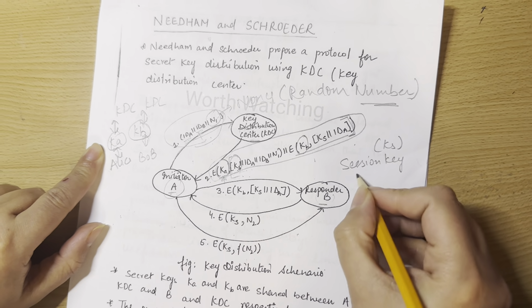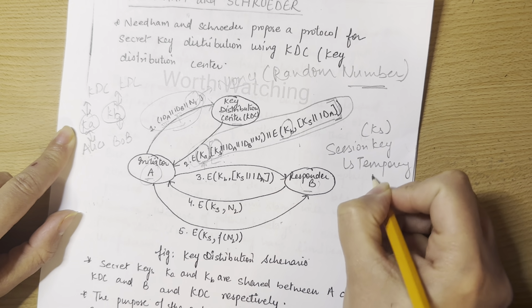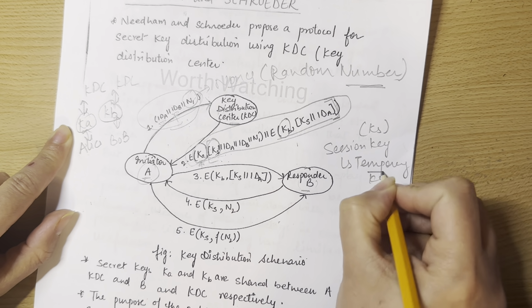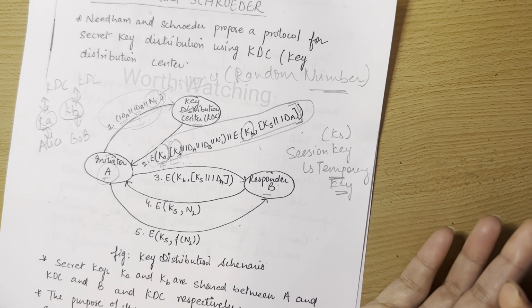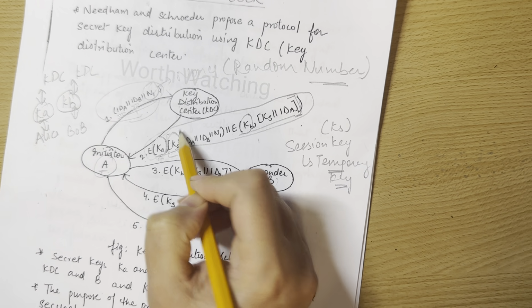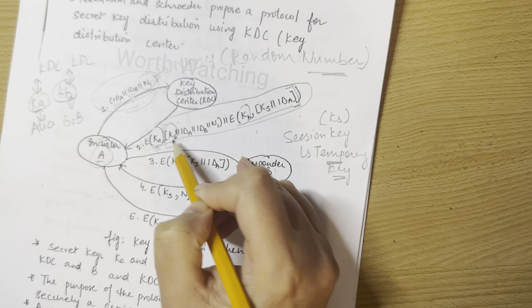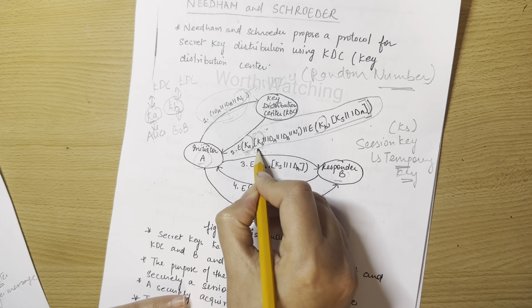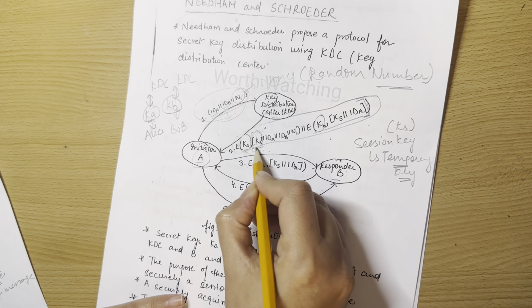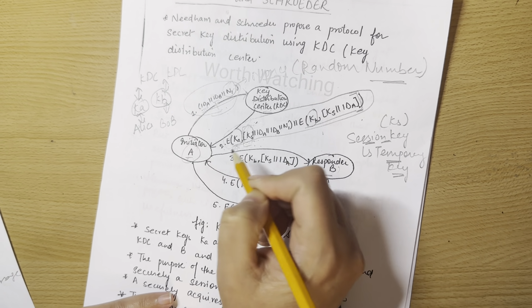It is a temporary key, which will change. It is used for a limited time and then it will change. This KS is generated by the KDC. KS is a shared session key, a temporary key, which the KDC gave to Alice and Bob.